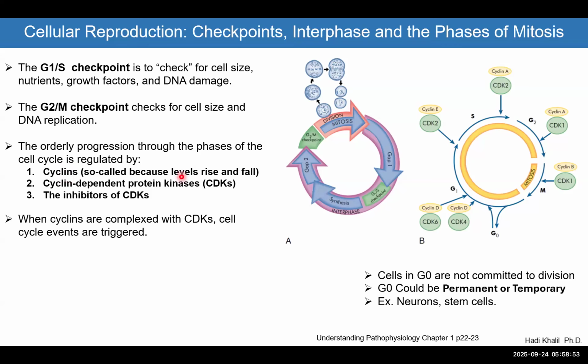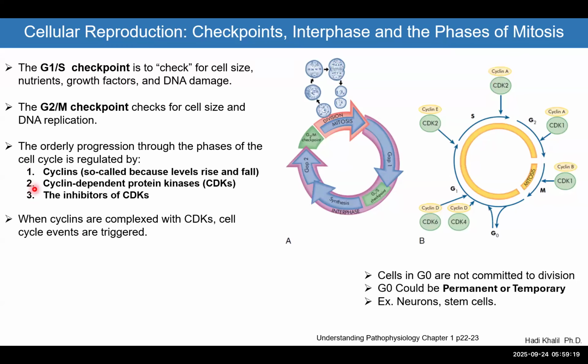So these cyclin proteins are the proteins that regulate the progression of the cell cycle from interphase to mitosis. There are three categories of these proteins: the cyclins themselves, listed here as cyclin E, cyclin D, cyclin A, and cyclin B.